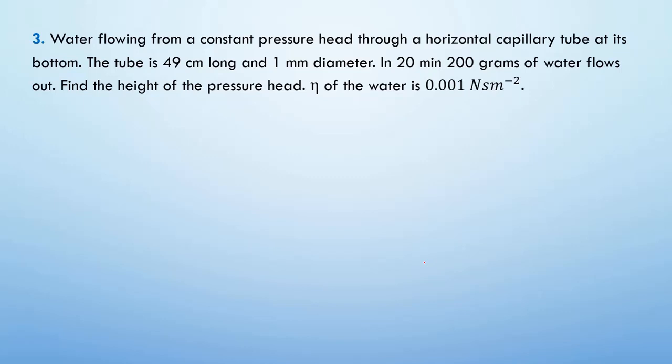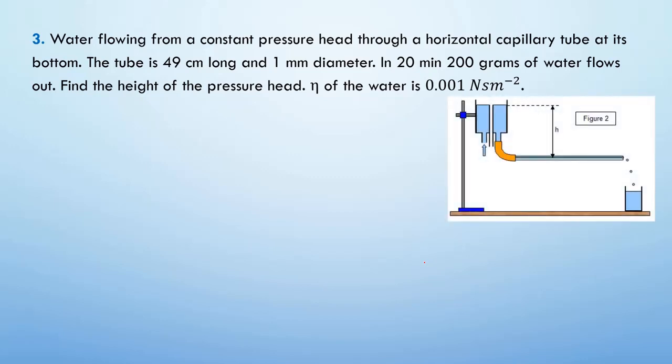So what is the question? We have a capillary tube which is fitted to the bottom of some kind of a tank, and this tank is maintained at a constant height.